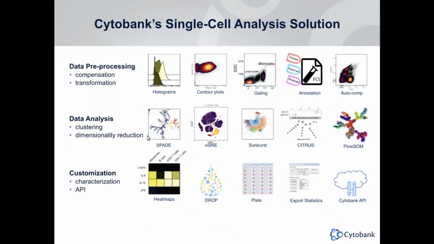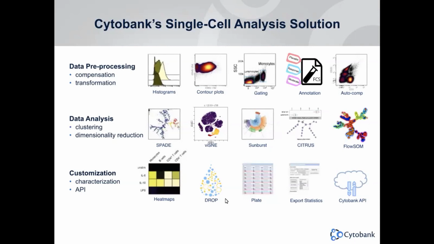After that, you can use clustering tools or dimension reduction tools like Visne, FlowSOM, SPADE, and Citrus. As we said earlier, you can leverage the cloud computing power to run multiple analyses simultaneously and free up your local computer that way.